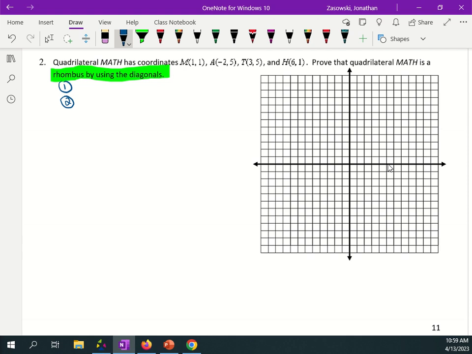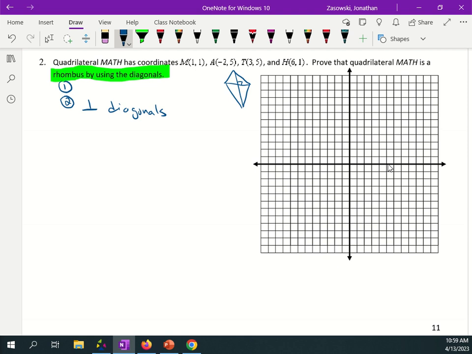Okay, so they got to be perpendicular, all right, is one thing. But that's not enough, because I could also draw like a kite shape, and this would also have perpendicular diagonals, but that's not a rhombus. So we also need something else.